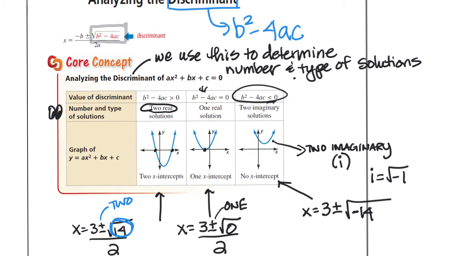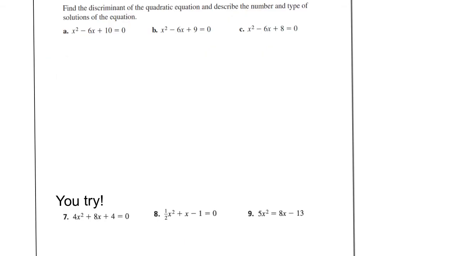So in order to figure this out, I'm going to a new slide. Here we go. So now we are going to analyze the discriminant, just like we talked about on the previous page.